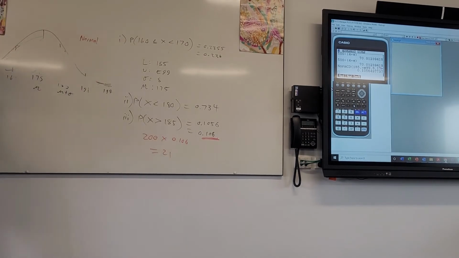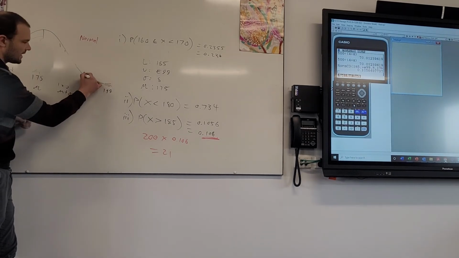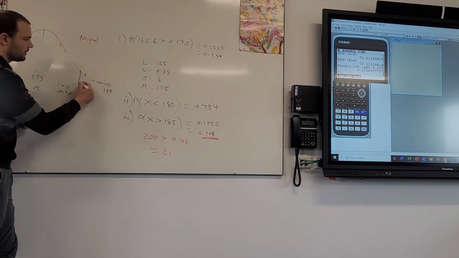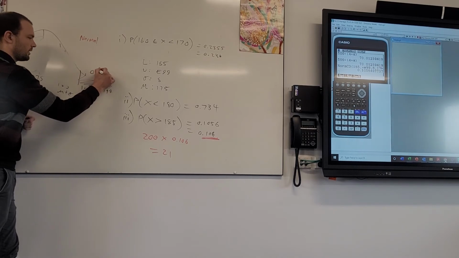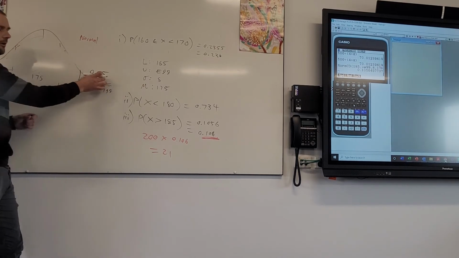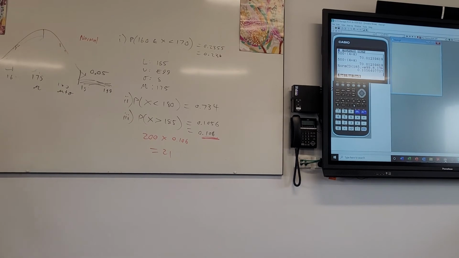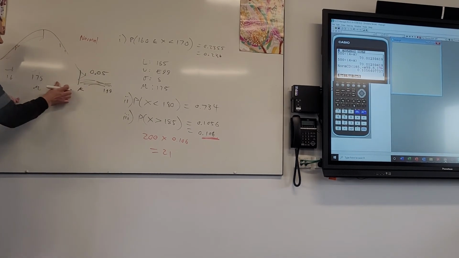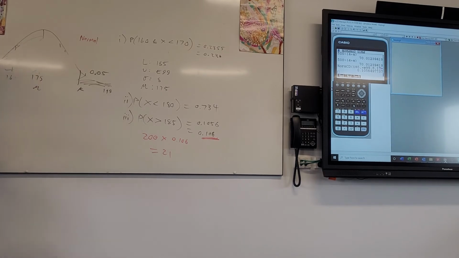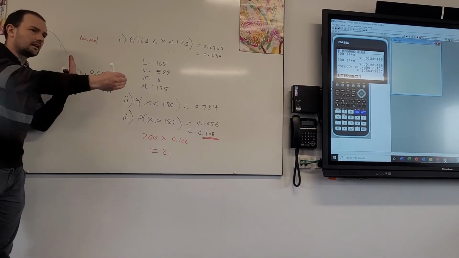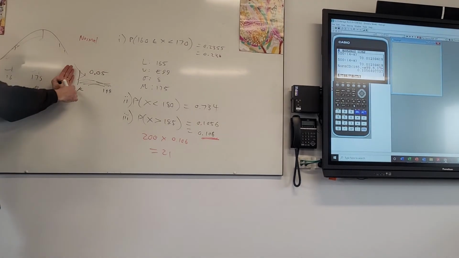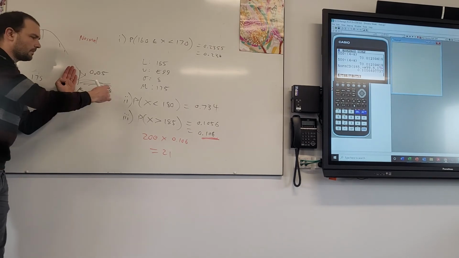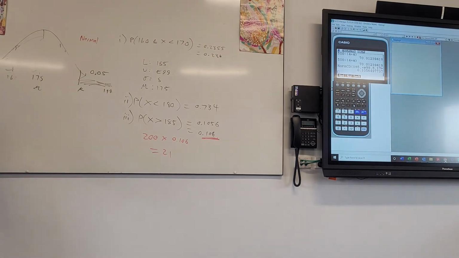The tallest 5% is going to be somewhere here, where this area is 0.05. 5% is 0.05. And we're saying, what is this number K such that you'll classify as being in the tallest 5%? Anywhere at that number or above, you're in the tallest 5% of people.